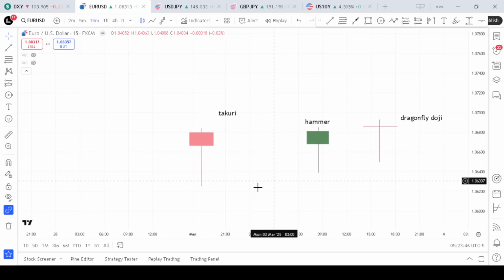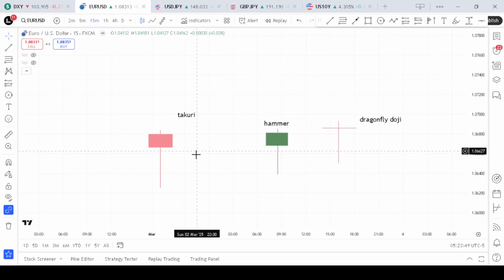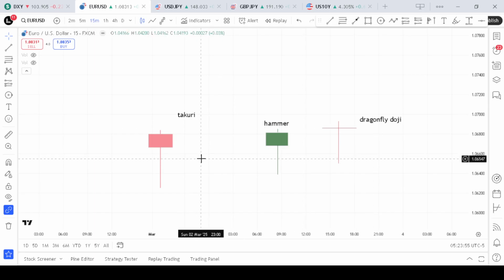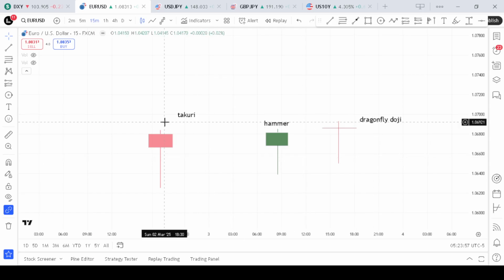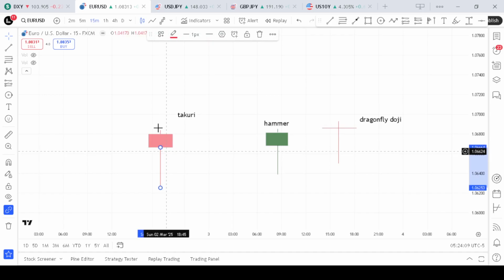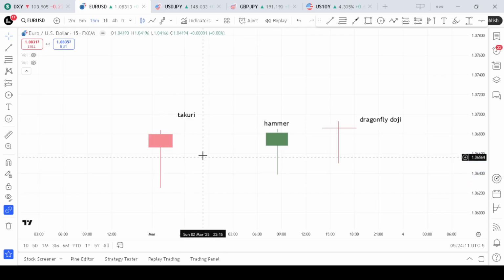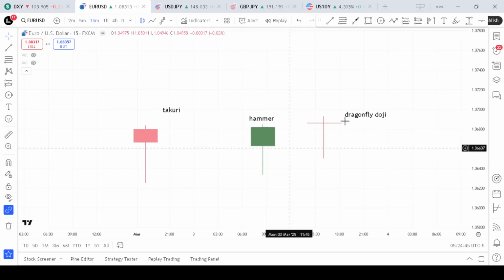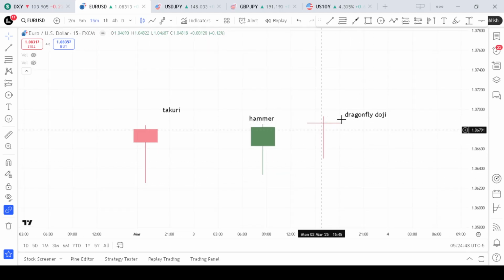It is important that you do not confuse the Takuri with similar patterns like the hammer and the dragonfly doji, which share similarities. The Takuri has a very small body at the top with an extremely long lower shadow, while the hammer has a slightly larger body, and the dragonfly doji has virtually no body at all.